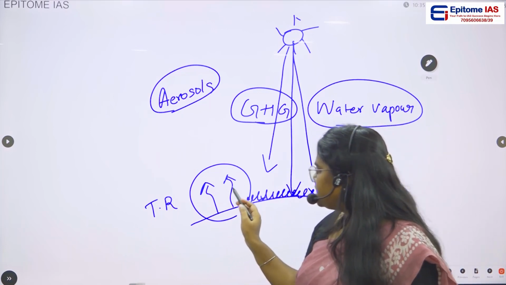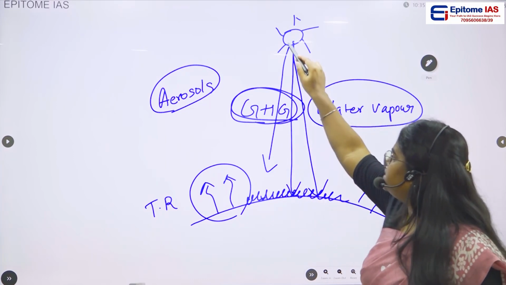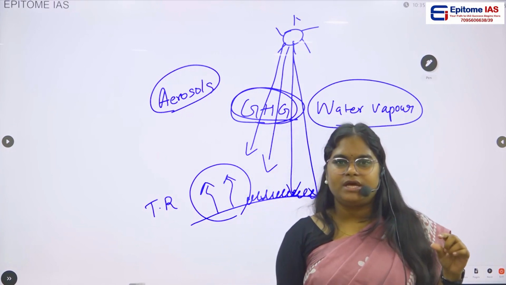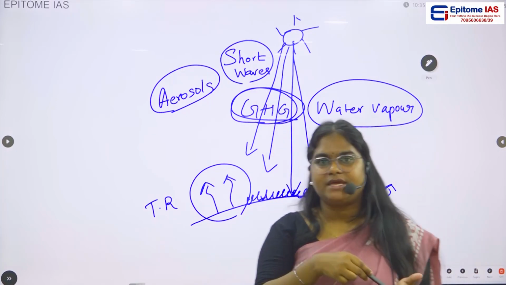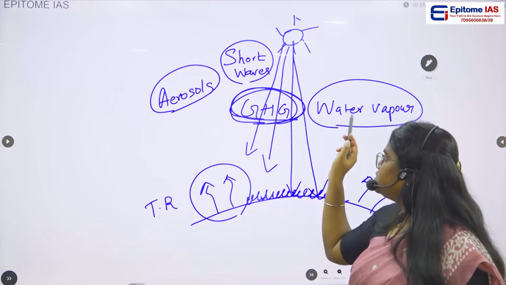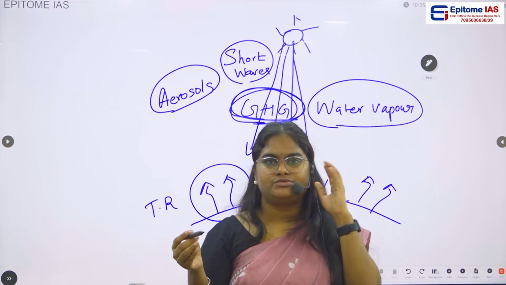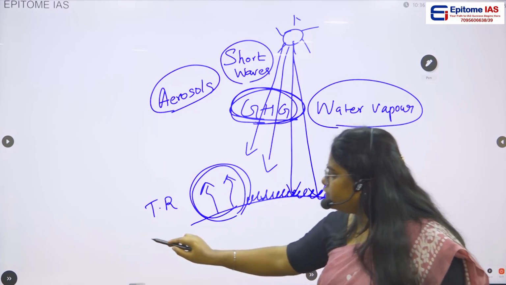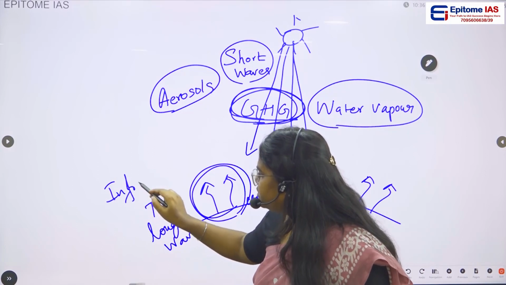In the case of terrestrial radiation, we have seen that the greenhouse gases are transparent to the incoming solar radiation. Why? Because the incoming solar radiation mostly consists of short waves, that is the visible rays and the ultraviolet rays. So the greenhouse gases and other constituents of the atmosphere are transparent to it. But the terrestrial radiation is long wave, that is, it consists of infrared waves.